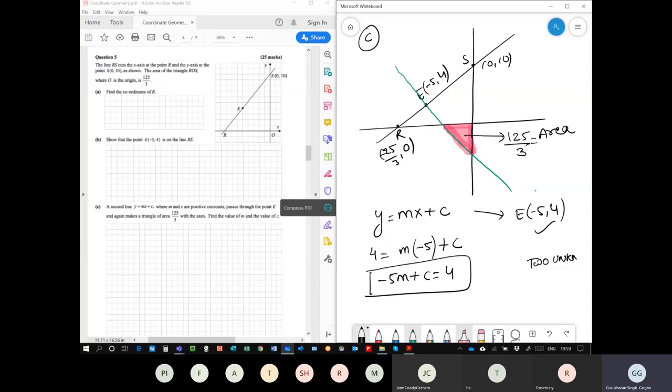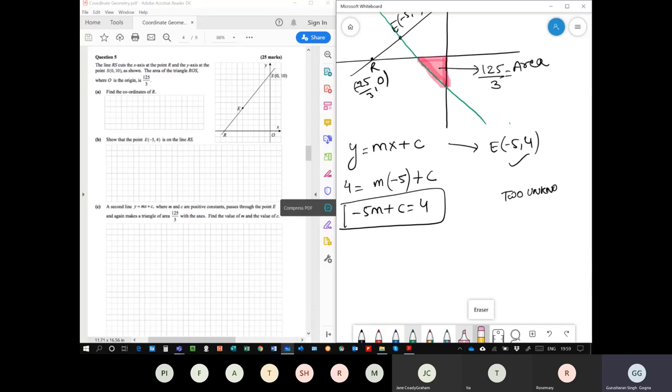Two unknowns means you need two equations in general.